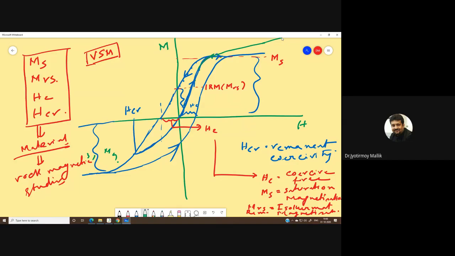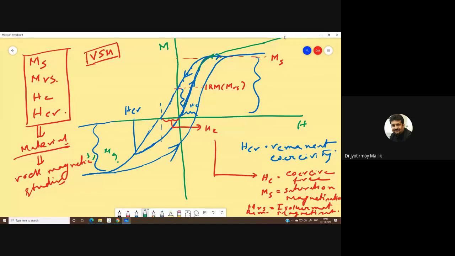But then it also has some components of paramagnetic minerals. So that part will be reflected. If the paramagnetic behavior starts to reflect, you find that the saturation magnetization is never reached.